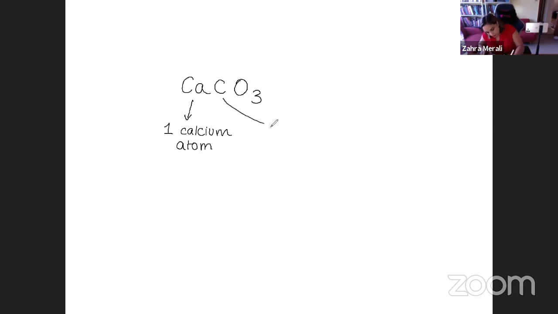So let's think about a formula for a substance. Let's take, for example, calcium carbonate, so CaCO3. What is this telling me? This tells me I have 1 calcium atom, because it's 1. I have 1 carbon atom.